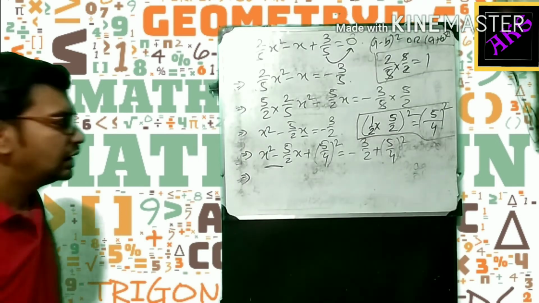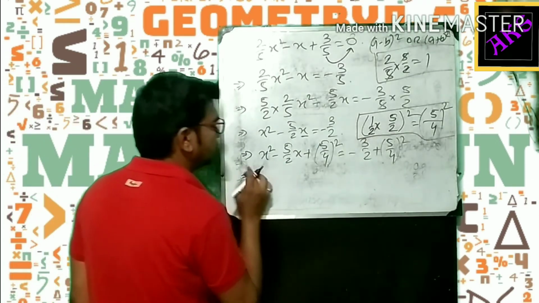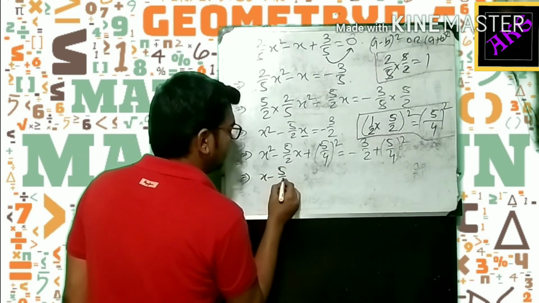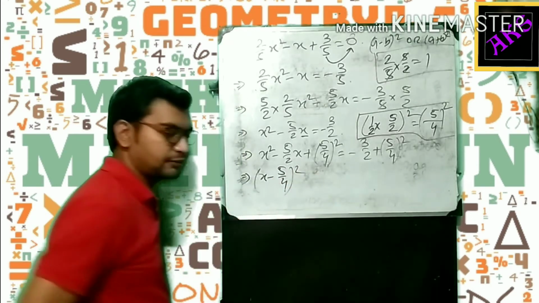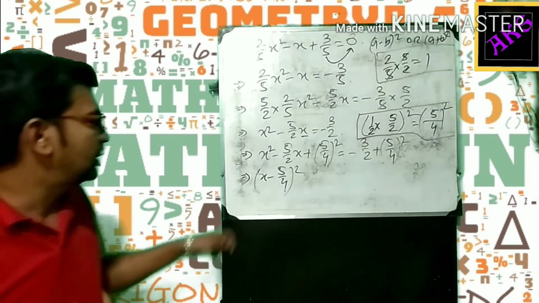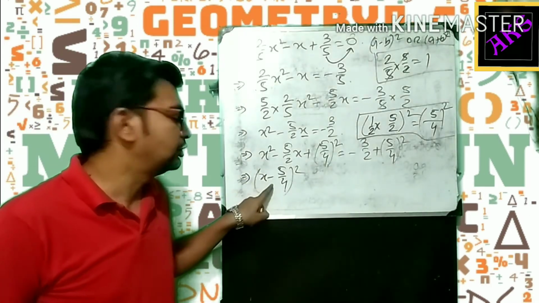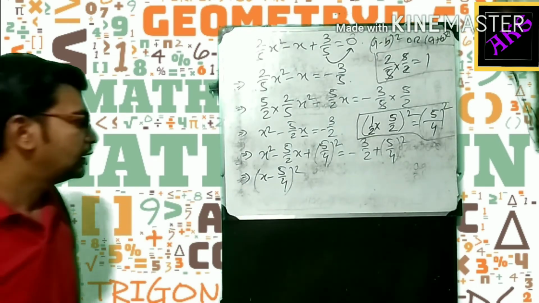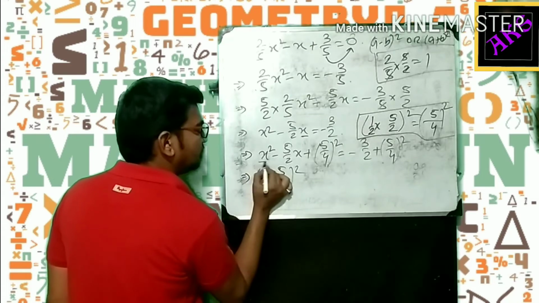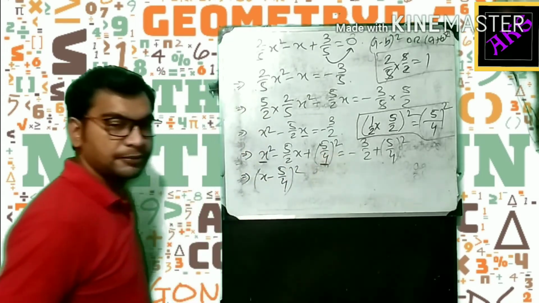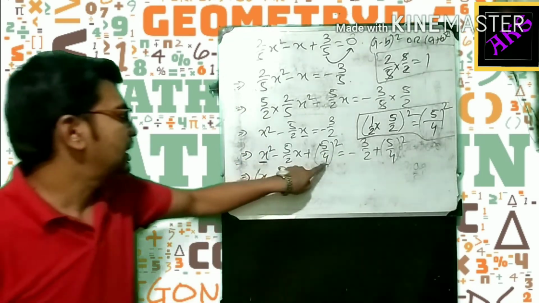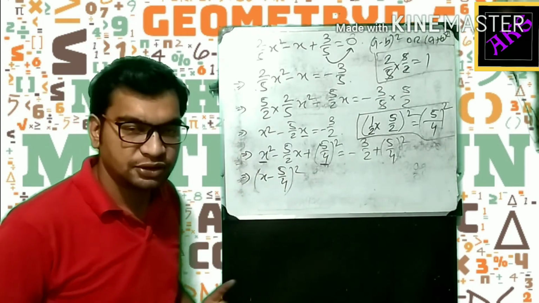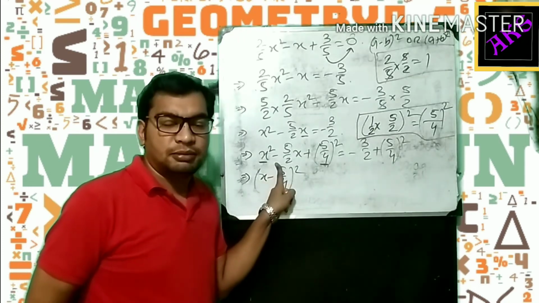If we have a negative sign over here, we will write x minus 5 by 4 whole square. If we had a positive sign here, we would write x plus 5 by 4 whole square. Remember this thing, this will always be our a, this will always be our b. So we will use a minus b whole square if we have a negative sign here, and a plus b whole square if we have a positive sign over here.